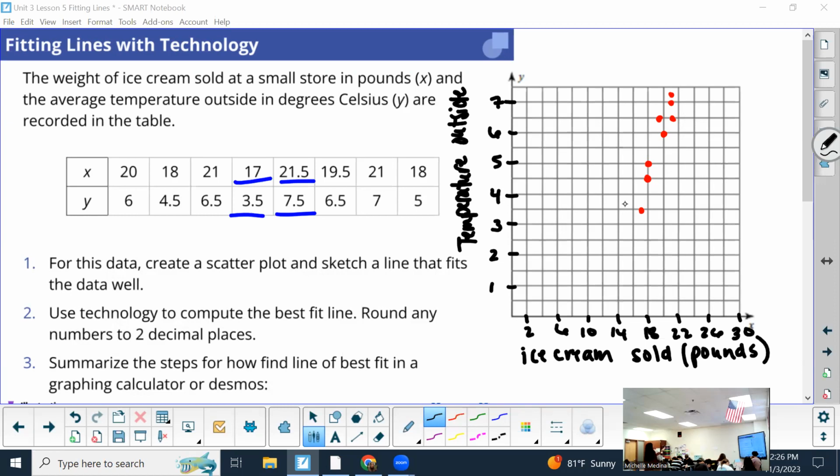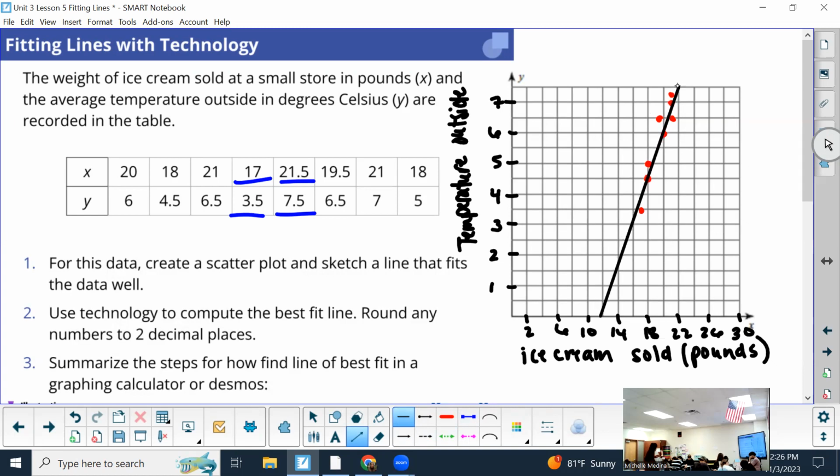Now, graphing by hand, setting data points by hand, and we seem to really only have like 8 data points. That was still kind of time consuming to do by hand. And then the next step would be to sketch a line that fits the data well. So something like this is what I'm thinking.